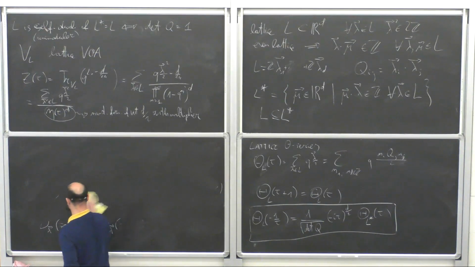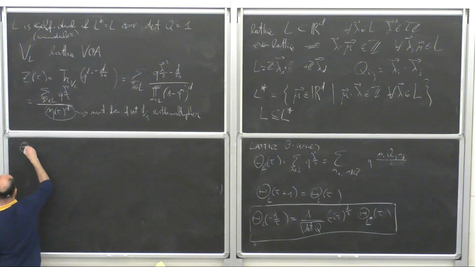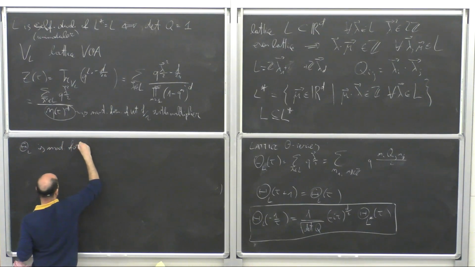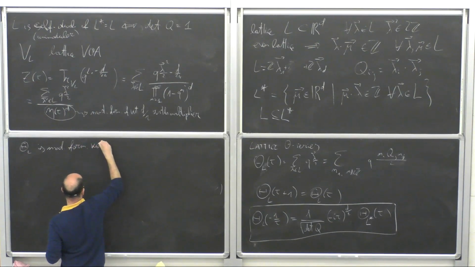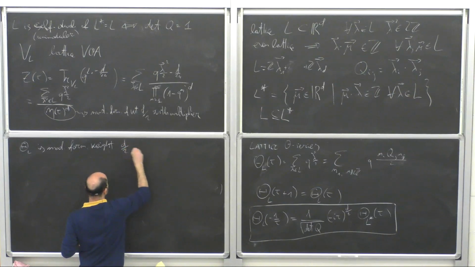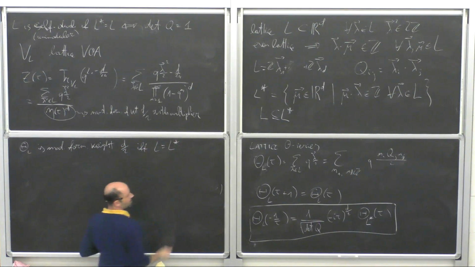So you have that theta_L is a modular form of weight d over 2 if and only if the lattice is self-dual.